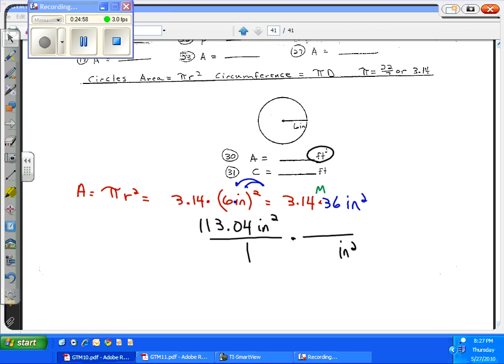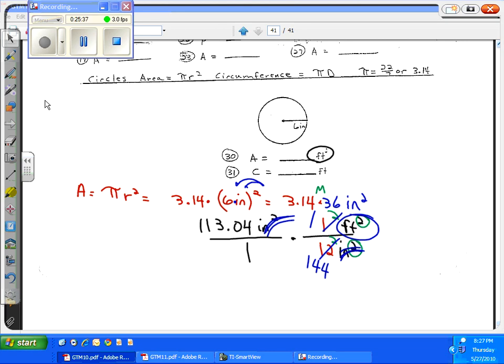So we're going to multiply such that we lose the name square inches and we gain the name square feet. The larger one is feet, so we put a 1. It takes 12 inches to make a foot. We're not dealing with inches and feet, we're dealing with square inches and square feet, and so we square the conversions. 1 squared is 1, 12 squared is 144. The name square inches cancels, and we gain the name square feet.